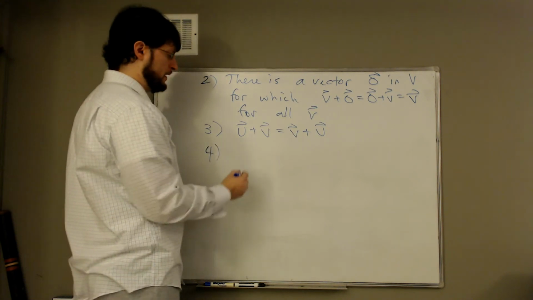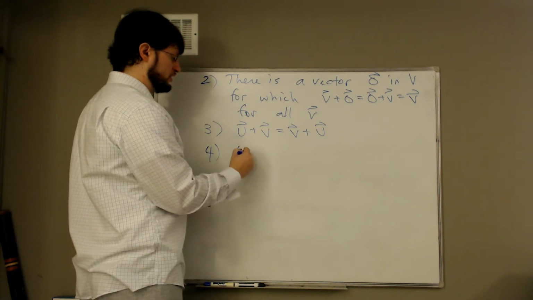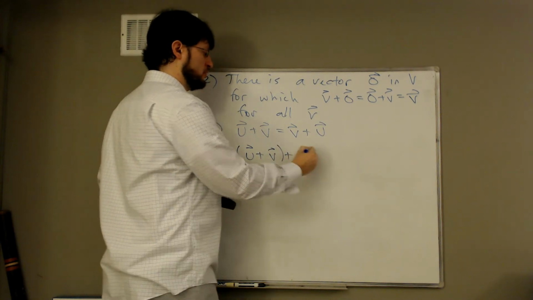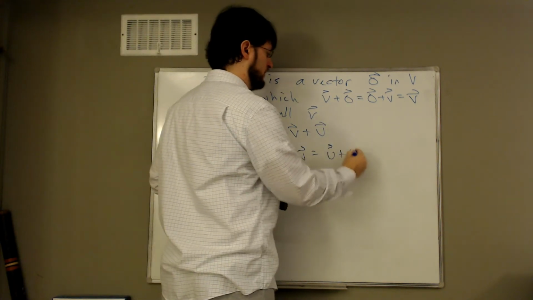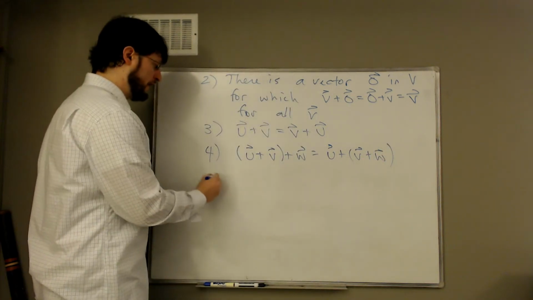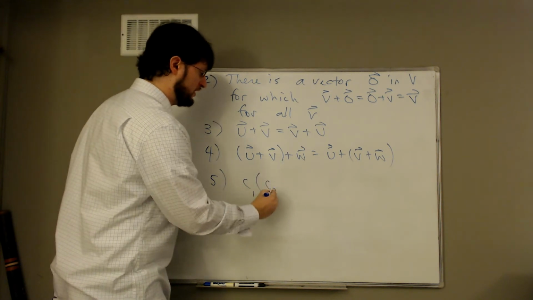Four, we can associate, so this is an associative rule. U plus V plus W is U plus V plus W. Five, we can associate with scaling.